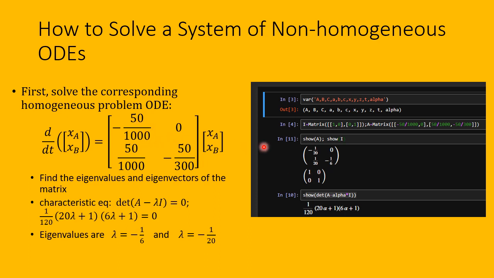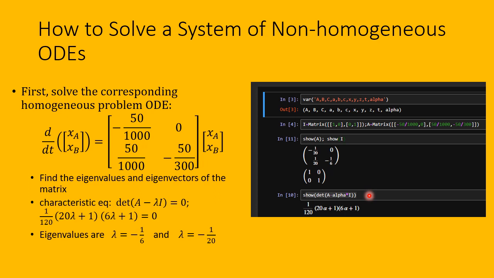Minus 50 over 1,000, for instance, reduced to lowest terms, fractionally, I guess, is minus 1/20th, and so forth. Then let's show the determinant of A minus alpha times I. What we're trying to do is to get the characteristic equation. I would like to use a lambda here instead of an alpha, but unfortunately in Sage Math and in Python, lambda has a different meaning.